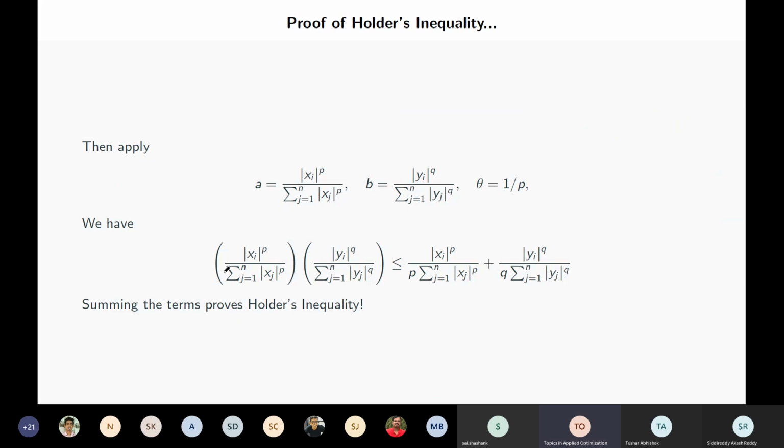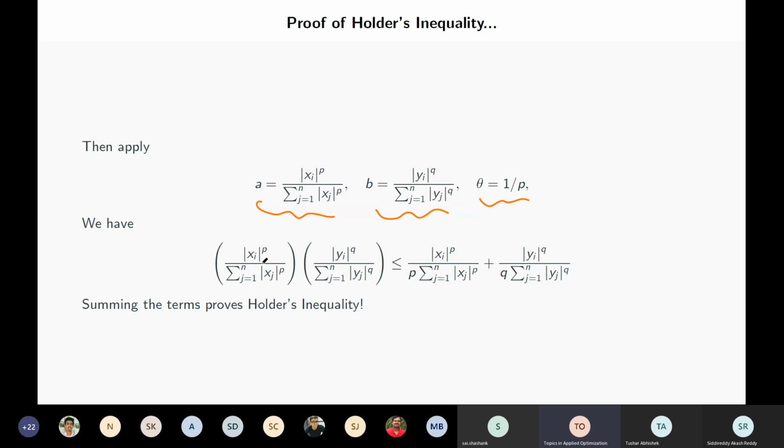we simply choose a to be this and b to be this, and theta to be 1 over p. If we fix a, b, and theta to be this, we immediately get the Holder's inequality.